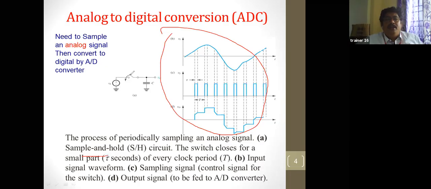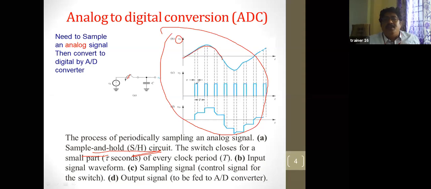When it touches, automatically some of the analog signal is sampled, and the hold circuit holds that analog signal. This is with respect to time: the voltage, the electrical signal, is on the y-axis, and time is on the x-axis, and this is the analog signal.